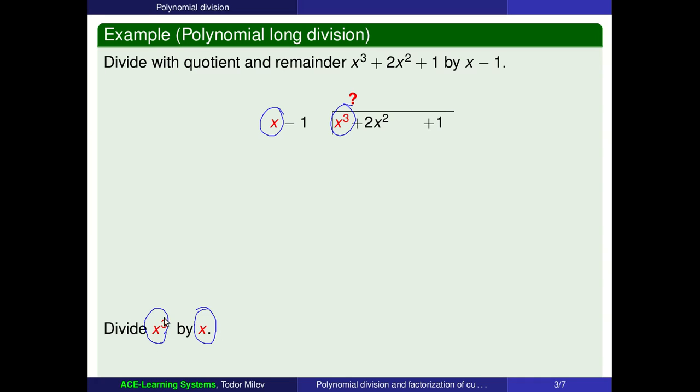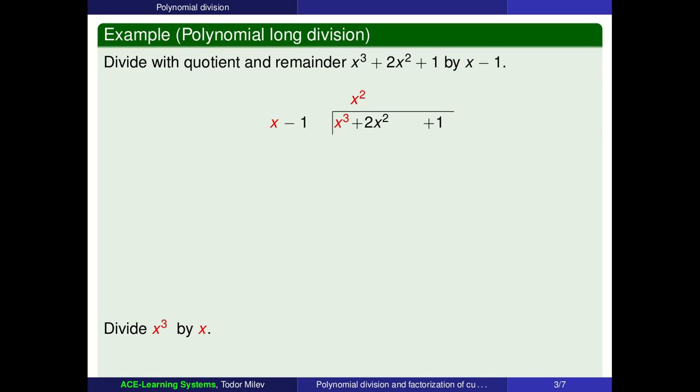Then we divide the highest order term of the dividend by the highest order term of the divisor. The output of this division, we're going to write where the question mark is located. When we divide x cubed by x, we get, I'm sure you guessed it correctly, x squared.